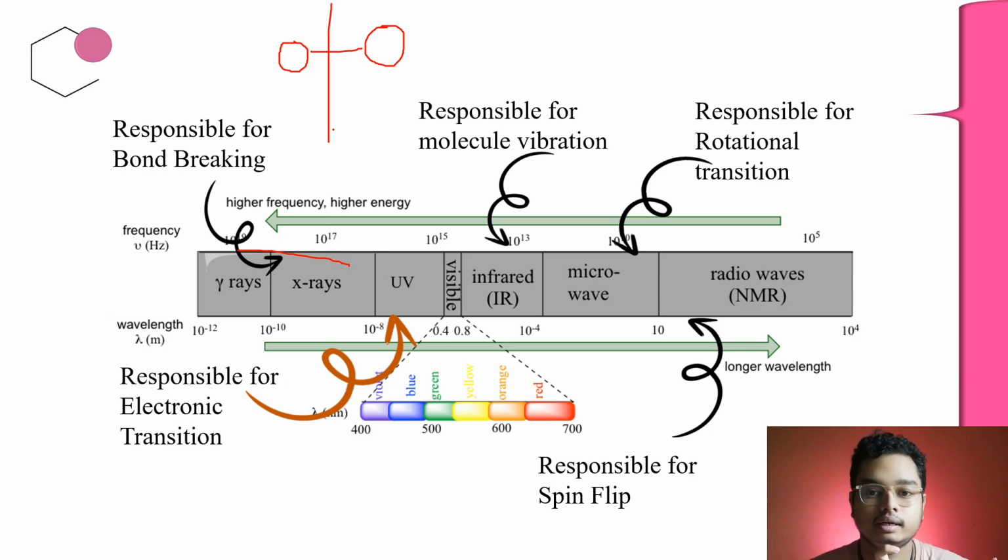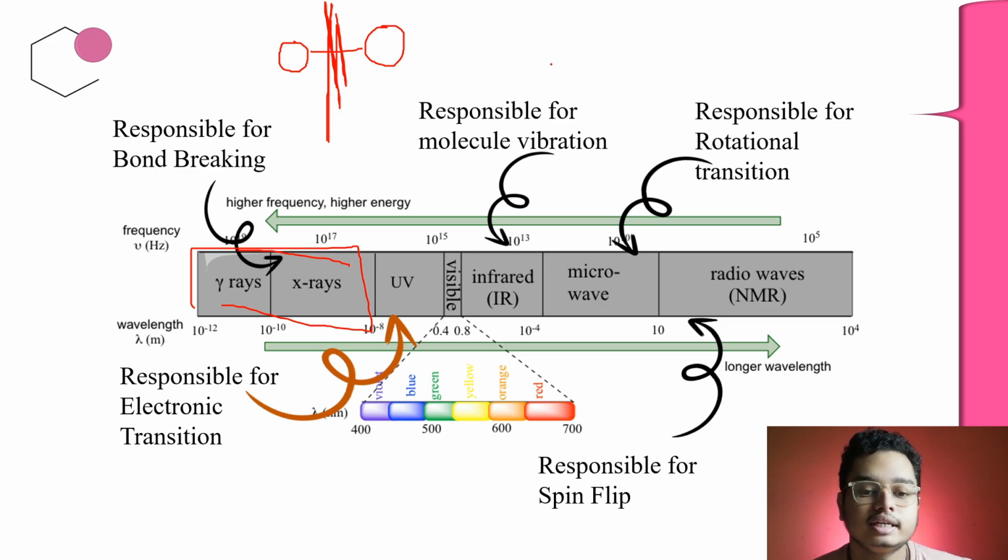If the energy is greater than the bond dissociation energy of the bond, the bond gets cleaved. So these two do not show any kind of spectroscopy, but they show spectrometry or crystal analysis, where this is important.